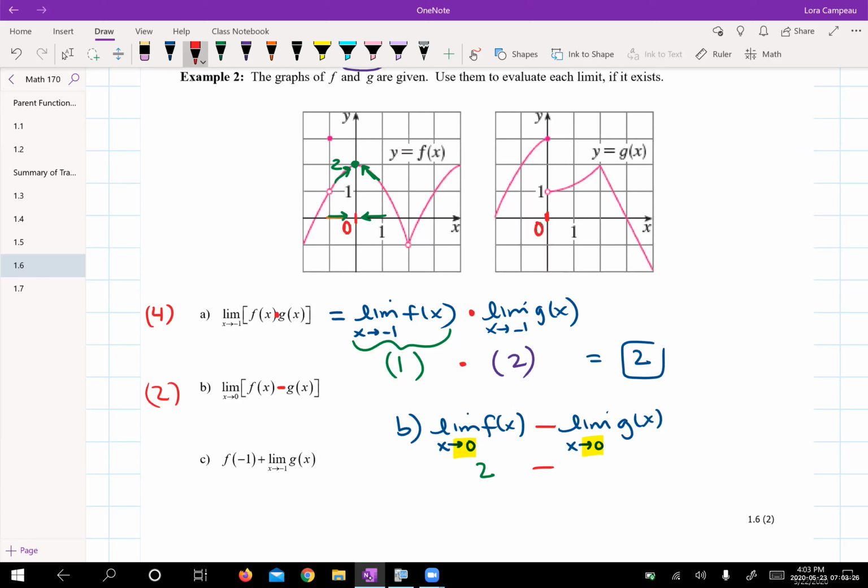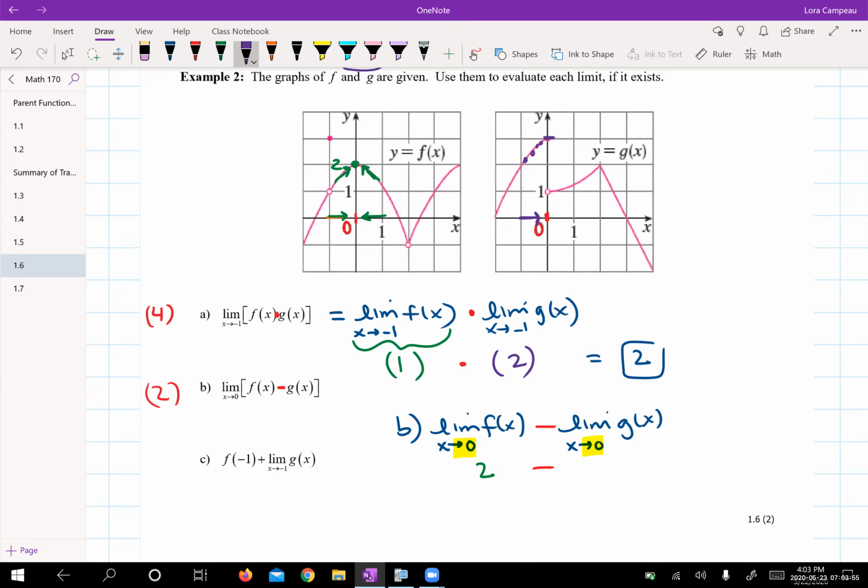Remember, we're using subtraction. For the g of x function, we're going to look at the graph on the right, and we are looking at what's happening as x approaches 0. So maybe to the side, if we're looking at coming from the left-hand side, all of the corresponding x values with the y values, it looks like they're rising.